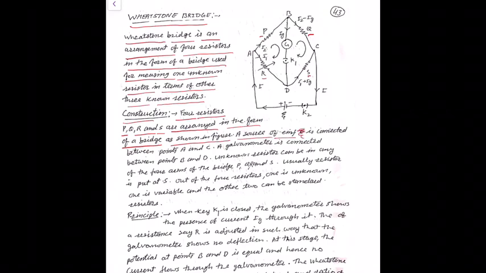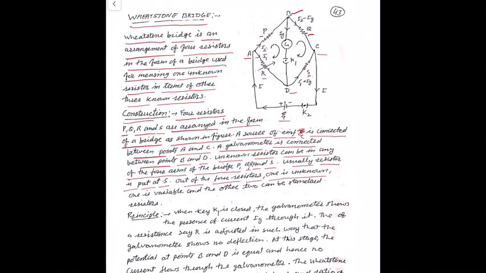A source of EMF is connected between points A and C. A galvanometer is connected between points B and D. The unknown resistor can be in any of the 4 arms of the bridge P, Q, R and S. Out of the 4 resistors, one is unknown and one is variable, and the other 2 can be standard resistors.